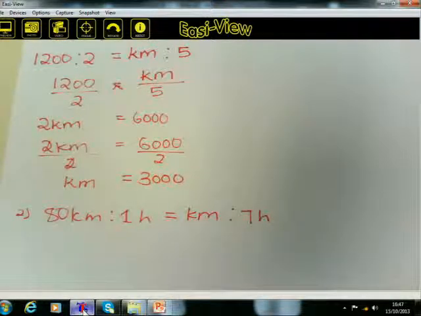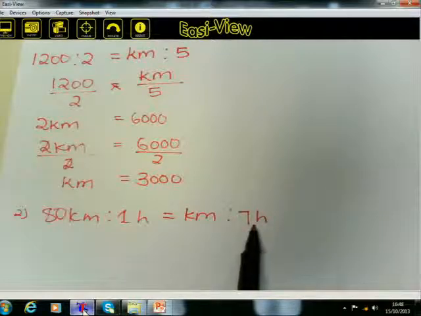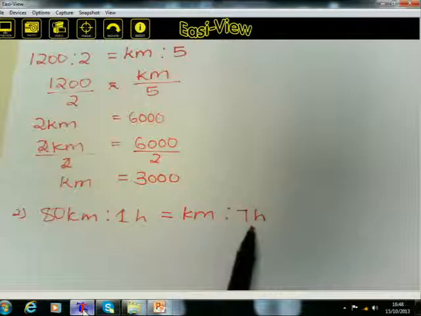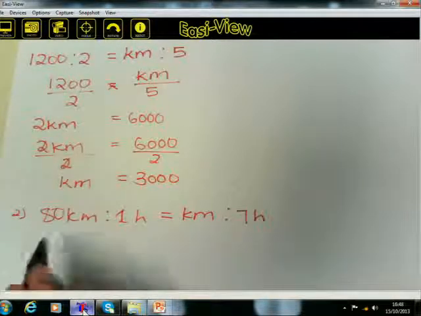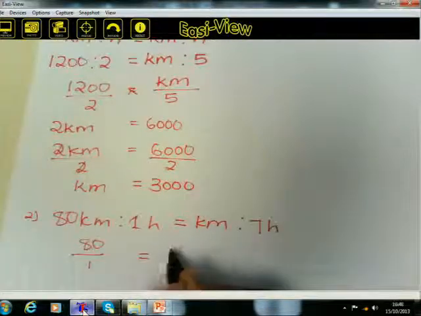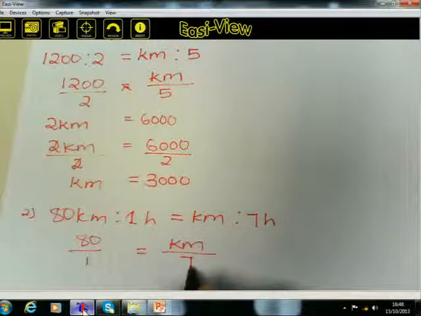So now remember, they say if one quantity increases, the other one also increases. So as you can see here, we have 1 hour, and then there we have 7 hours. So that means the kilometers here should also increase as the time has increased there. So now we're going to have 80 divided by 1 is equals to kilometers, because we don't know the kilometers, divided by 7.